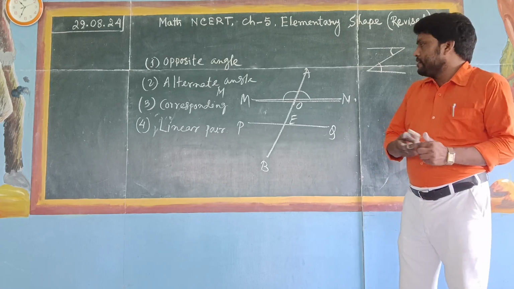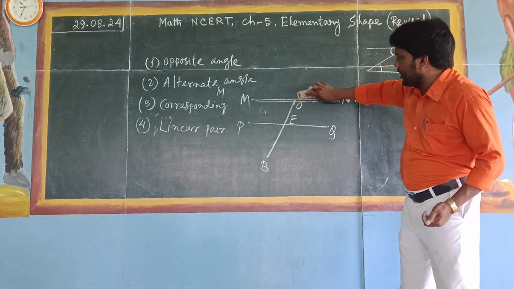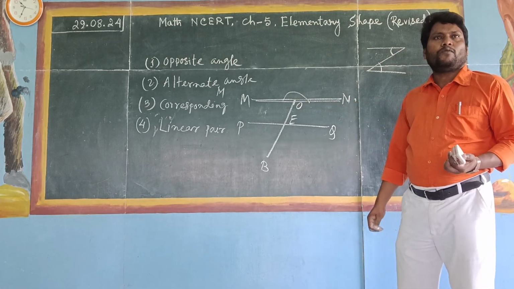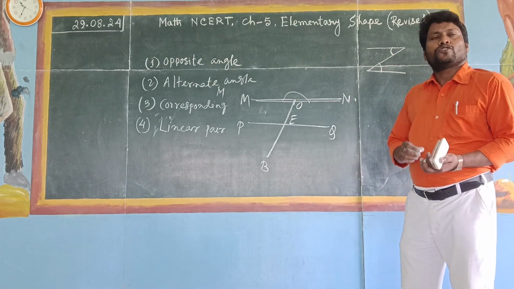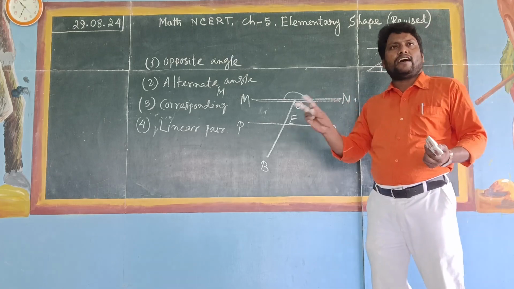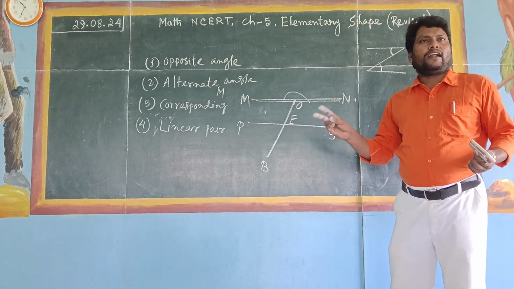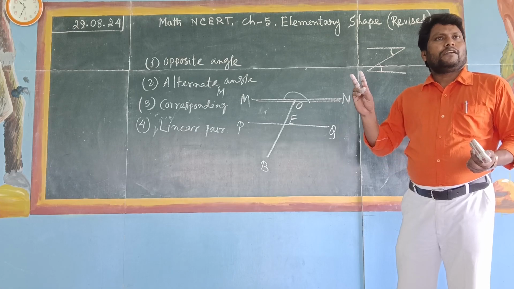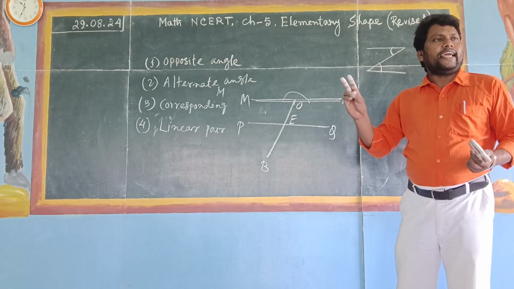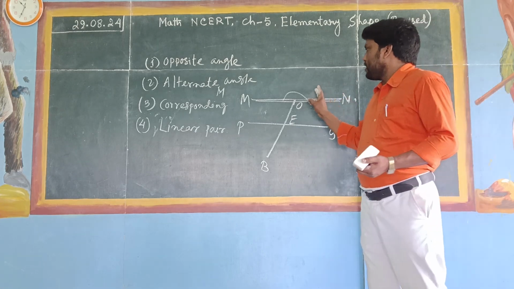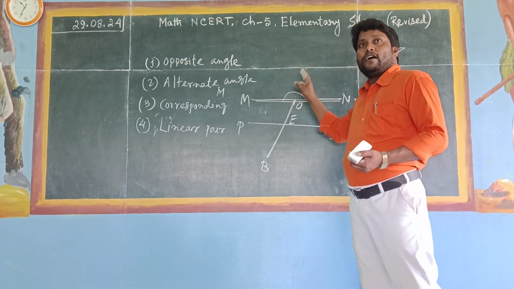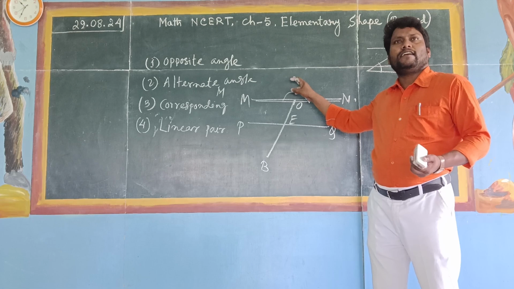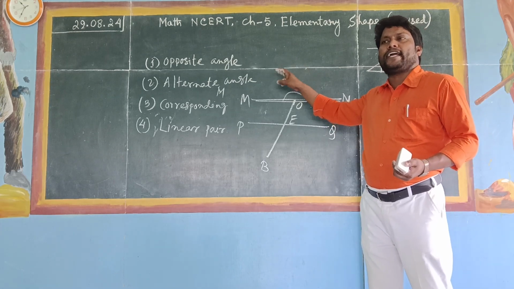Why? Their sum. Suppose you omit the line. Which type of angle is it? 180 degrees. So when two angles are on either side of an intersecting line, what is the relation between the two angles?